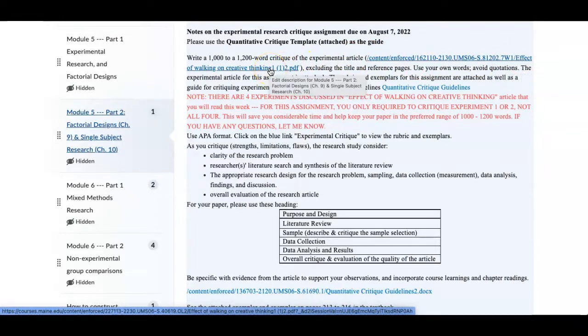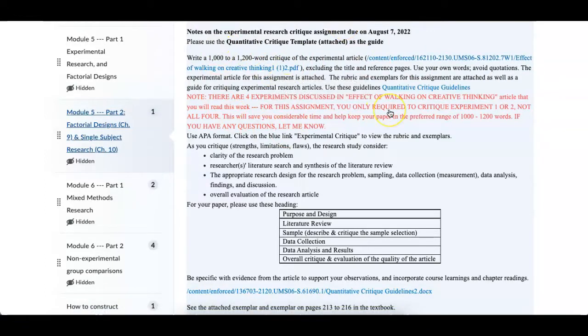Now there's 4 experiments. I'd like you to focus your critique on experiment 1 or 2. You could do it on 1, you could do it on 2. But there's 4 experiments. You don't have to critique all of the 4 experiments. That would be a different paper. This is 1,000 to 1,200 pages, similar to what you're doing right now.